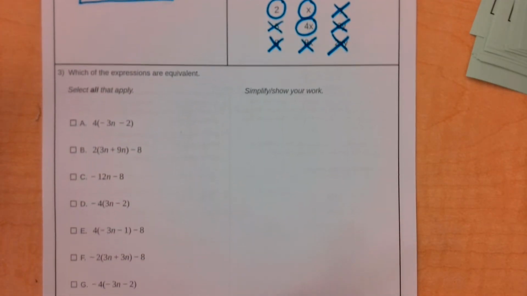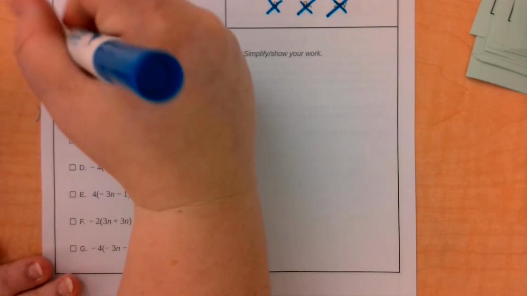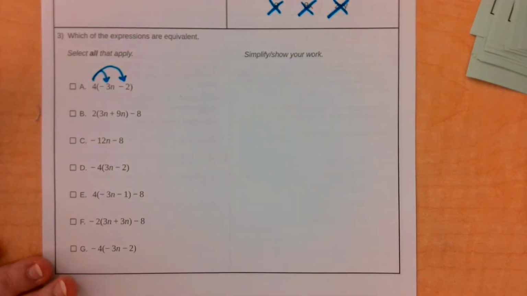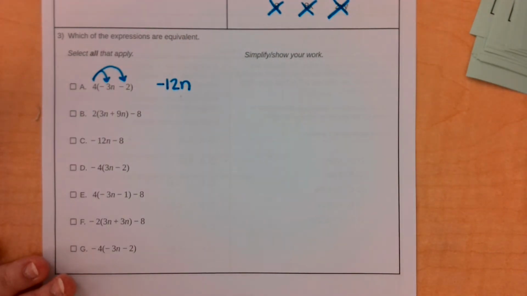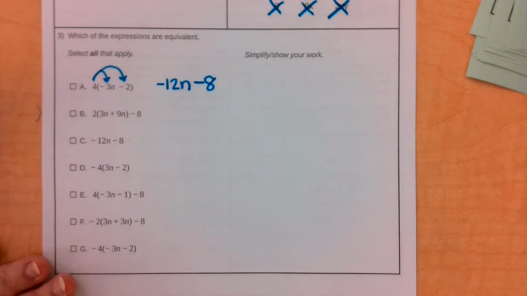Next one. This one's long. We're going to have to distribute to see which of these expressions are equivalent. So first one, I multiply. 4 times negative 3n is negative 12n. 4 times negative 2 is minus 8.